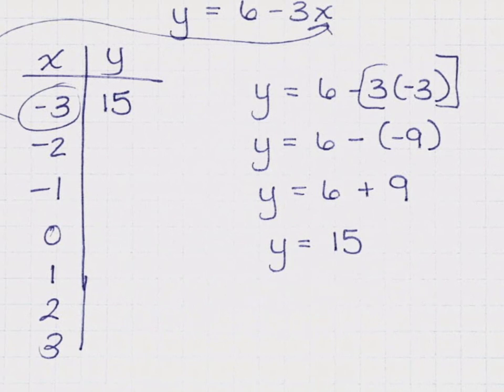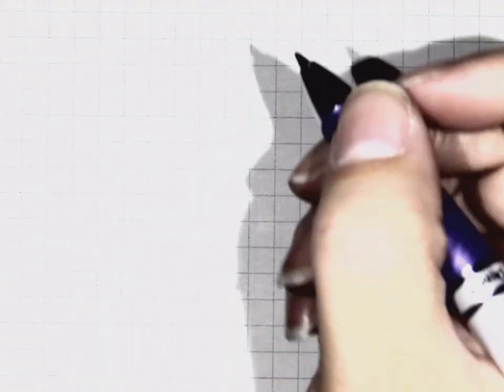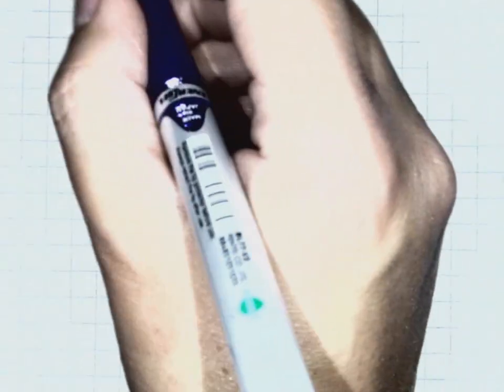Okay, you guys try -2. I'm going to pause it and see if you can figure out the y value for -2. You might need your whiteboards or a piece of scrap paper to do this.